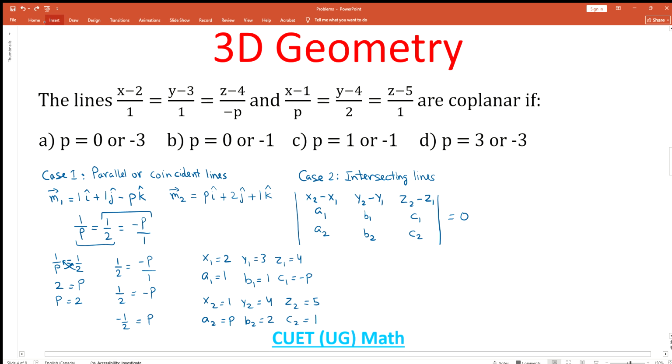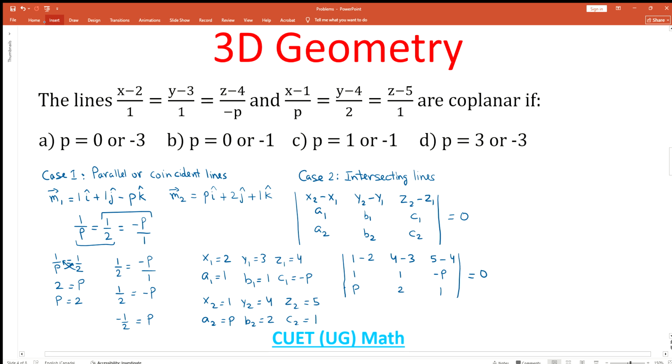Now we can substitute the values in the determinant. I get 1 minus 2, 4 minus 3, 5 minus 4; 1, 1, negative p; and p, 2, 1, equals 0.